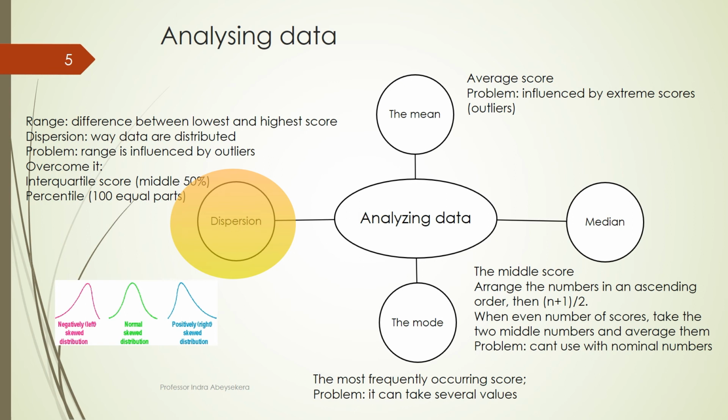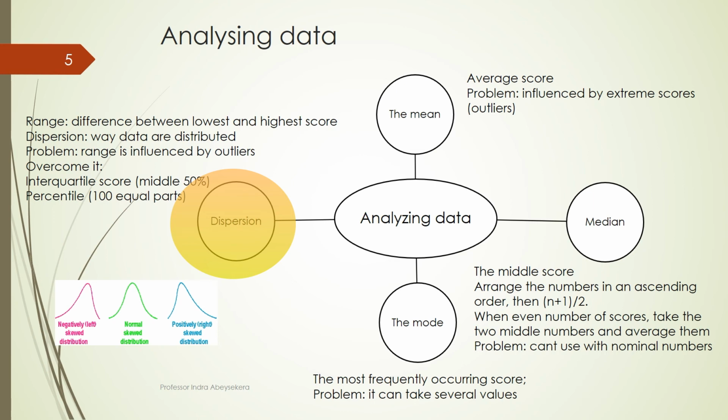And the dispersion could be measured by the range, highest to the lowest value, or how the data is distributed in the population. But this dispersion also can be influenced by outliers.